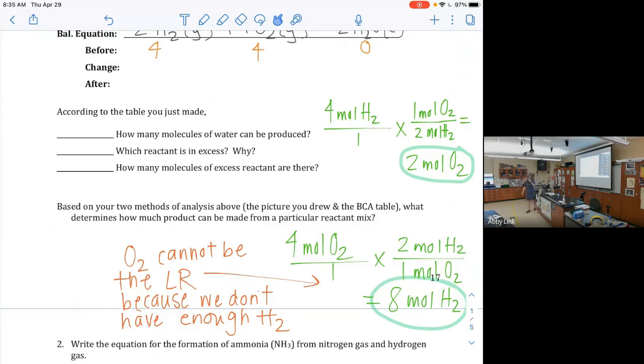Your limiting reactant is going to be the one that you use up all of. You're going to run out of the limiting reactant. Now think about the word limiting or limited. What does that really mean? What does it mean when the sneakers come out and it's a limited edition? Only a few.